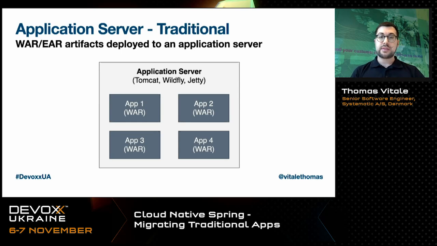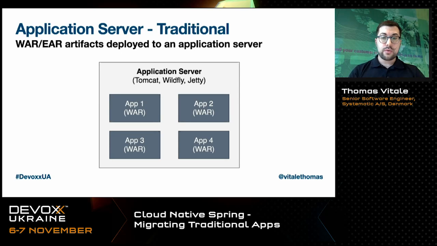The first one is that we have a dependency on the application server being available in the environment. And the second thing is that if we have multiple applications on the same server, we are kind of limited in our freedom of making changes. So that could affect our speed, so affecting delivery of new features, because we have to coordinate with other teams and coordinate changes if we want to update the server or making some configuration changes there.